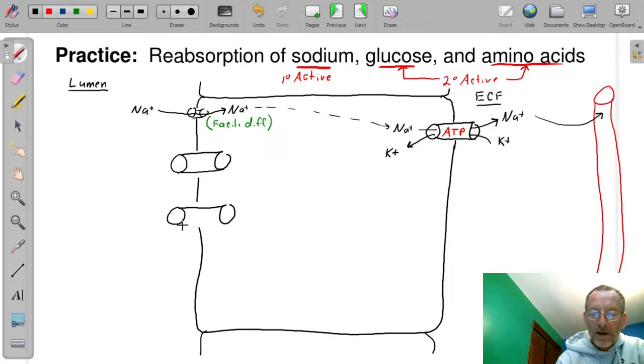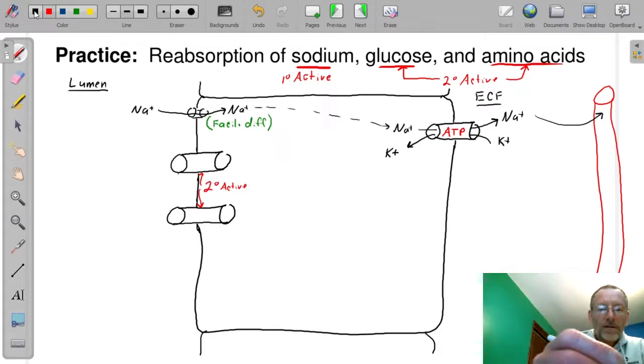There are multiple transporters on cell membranes, and they're generally quite specific for chemicals, molecules. So this is going to be a secondary active process for these two. Secondary active, so you know that means it's going to require ATP hydrolysis.